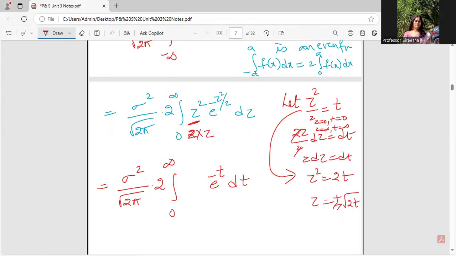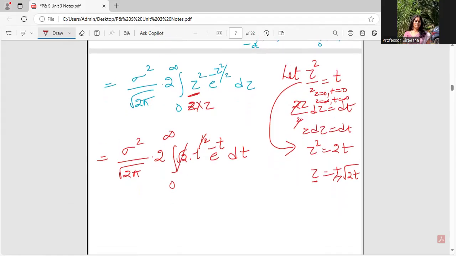Now, for the other z that is remaining from z squared, I'll have root 2 and root t, right? That t I'll write as t power 1 by 2. Just see here, root 2 gets cancelled off with this root 2. So sigma squared by root pi will remain into 2 integral 0 to infinite t power 1 by 2 e power minus t dt.